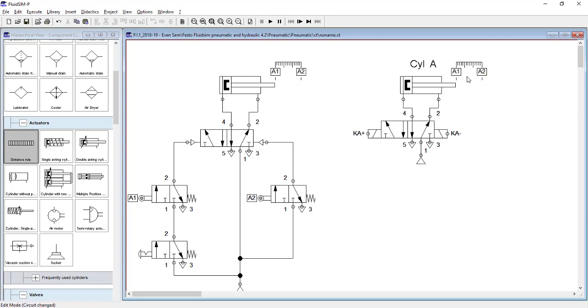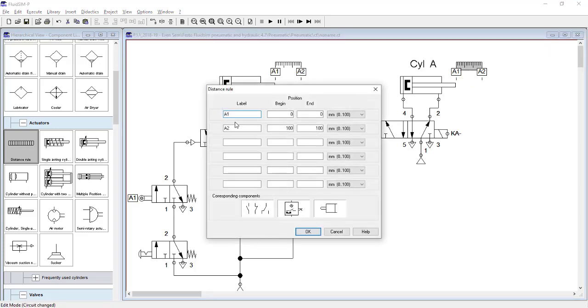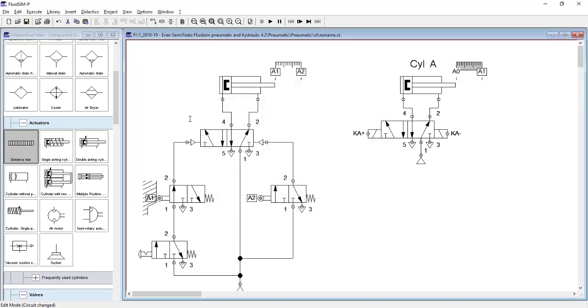A1 proximity sensor means it is in the leftmost position, that means the piston is completely inside, and A2 means the piston is completely outside. In exam, for drawing this circuit, you can definitely use A1, A2, but another most commonly used naming convention is A0 for the 0 position and A1 for the external position. So this is another naming convention.